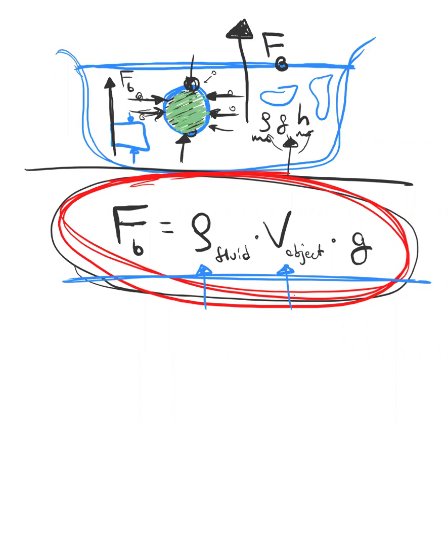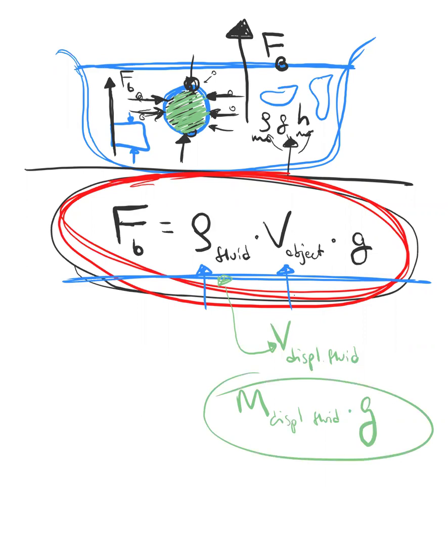So this is also the volume of the displaced fluid. Now if you multiply density of the fluid by volume of displaced fluid, density times volume is mass. So you will get the mass of the displaced fluid times G, and the mass of the displaced fluid times G is the weight of the displaced fluid.